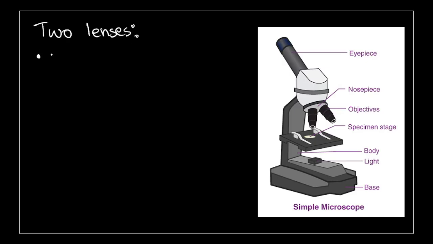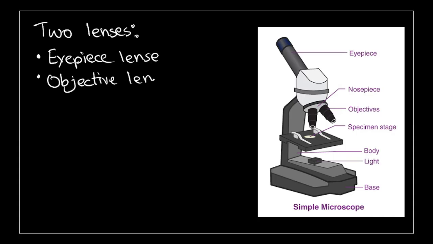One is the eyepiece lens, and the other is the objective lens. So what are they? The eyepiece lens is the lens that is closer to your eye. So this is your eye right over here, and this is the eyepiece lens.